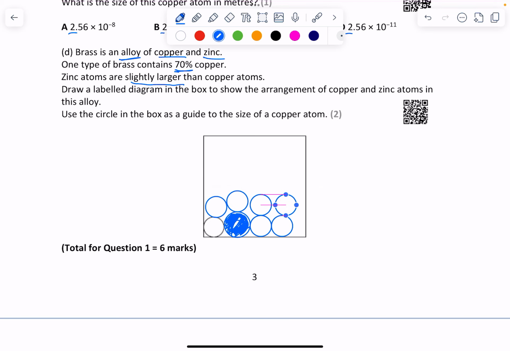So if we just check and count now, I've got 1, 2, 3, 4, 5, 6, 7, 8. So I'm going to put 2 more of these in there as well, because the ratio has to be, out of 10 of them, you need 7 copper.